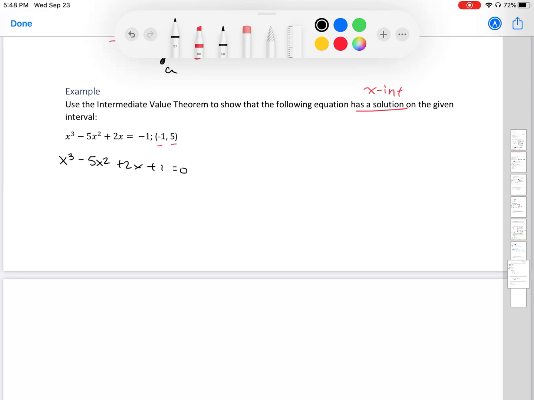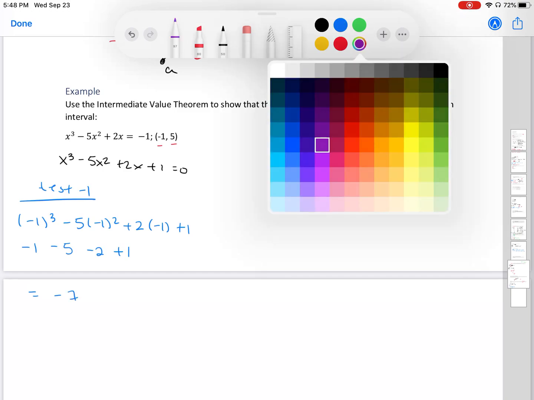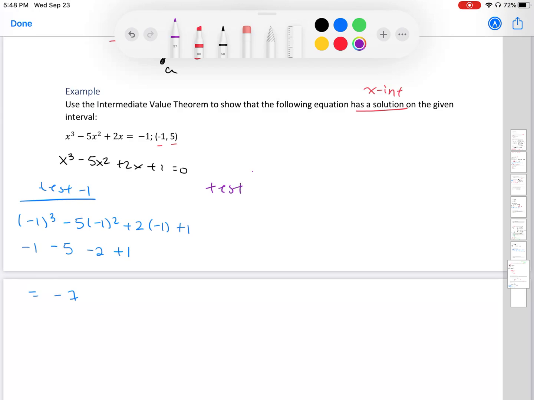All right, now I can go ahead and test them. Let's test negative 1. I get negative 1 cubed minus 5 times negative 1 squared plus 2 times negative 1 plus 1, and we get negative 1 minus 5 minus 2 plus 1. We get negative 7. Let's go ahead and test 5.